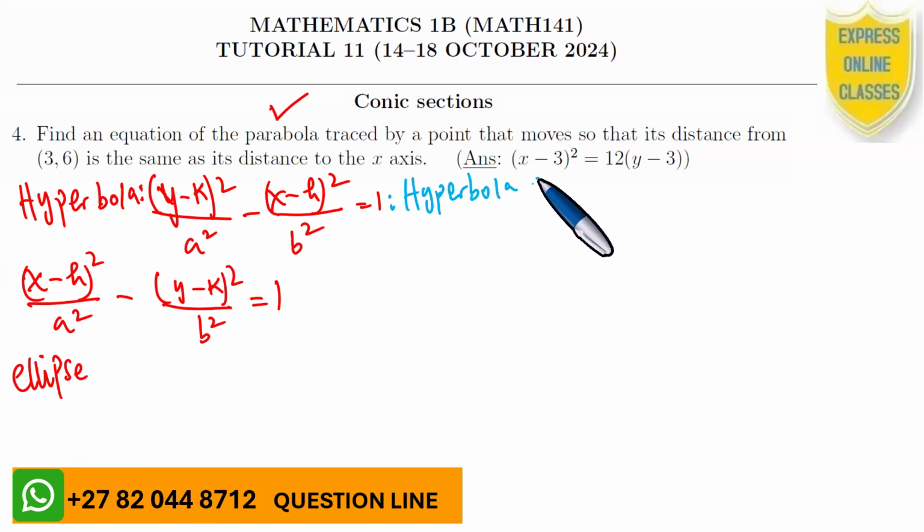We say the conic is a hyperbola with center HK and width.